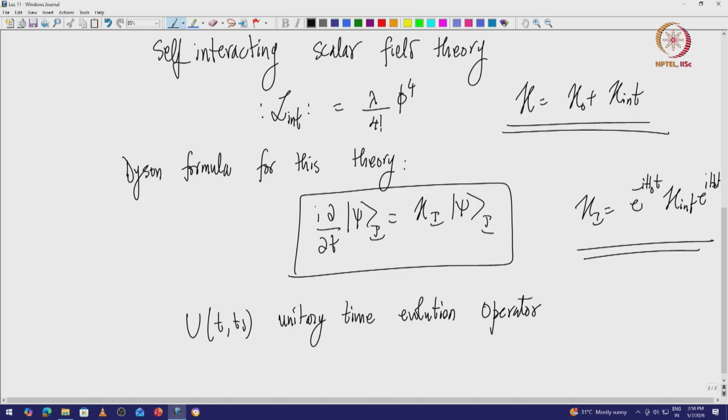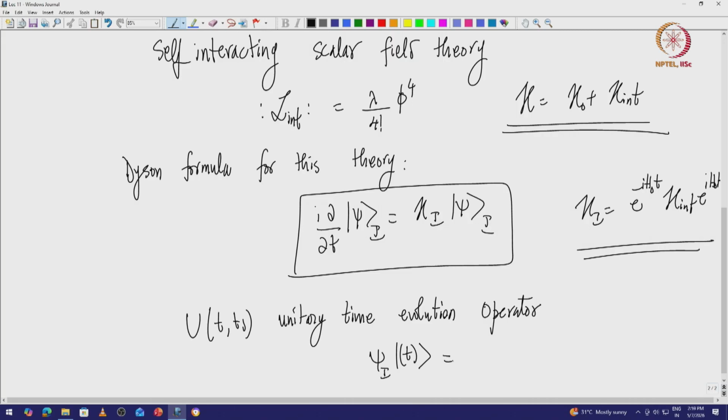Now the basic idea is that psi I of t is given by U acting on psi I at t0. I am just trying to remember the notation which I used last time.